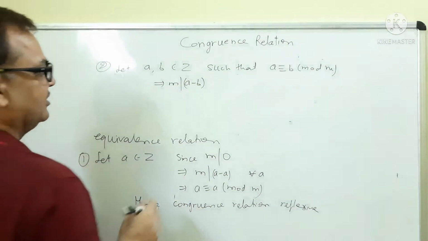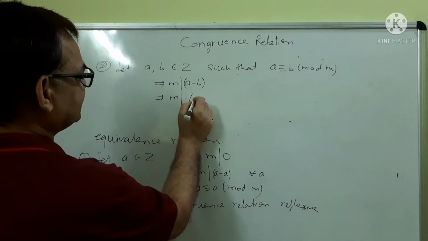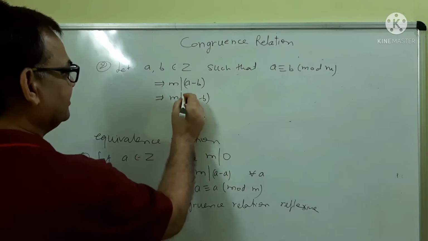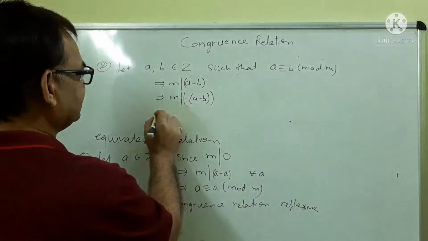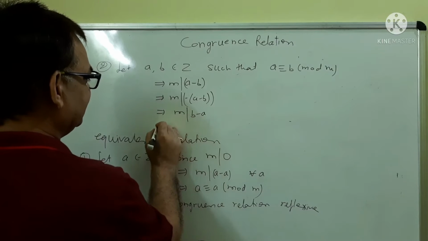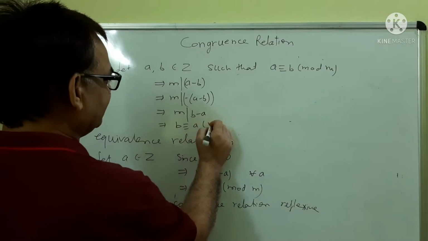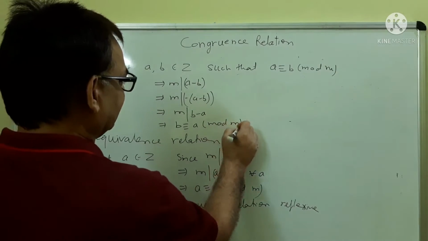By definition, implies m divides minus of a minus b, implies m divides b minus a, implies b is congruent to a mod m.